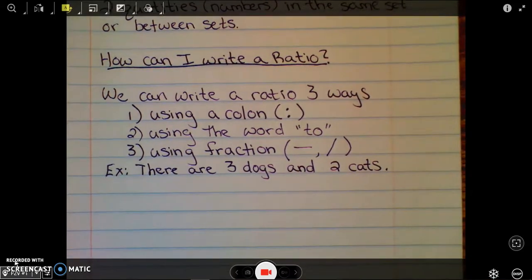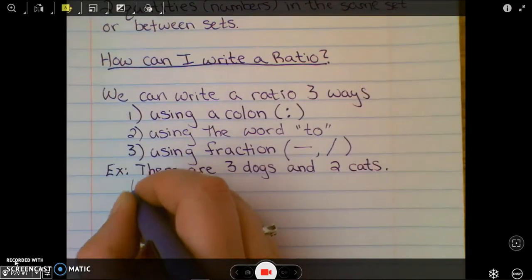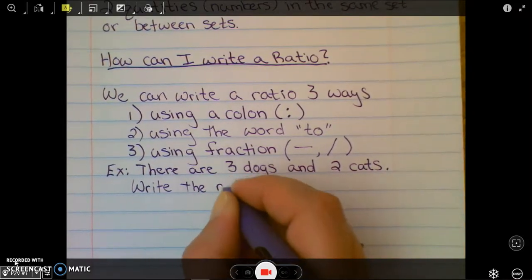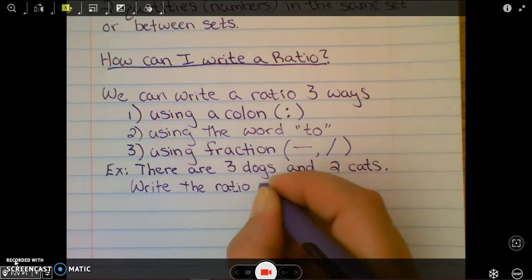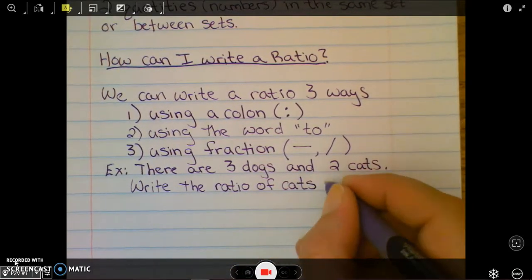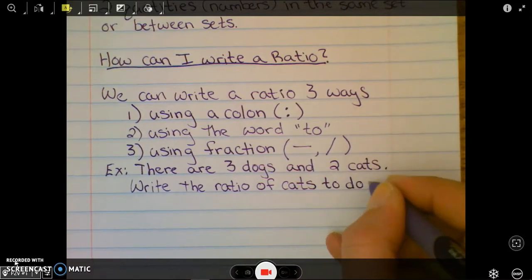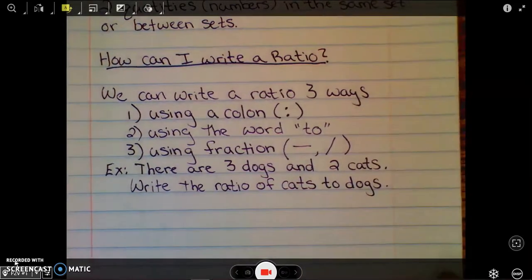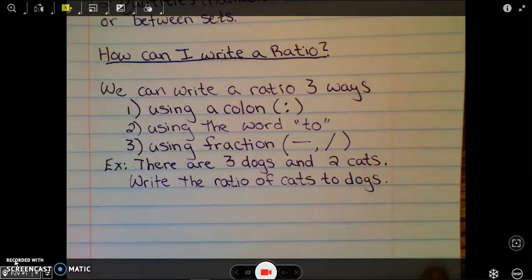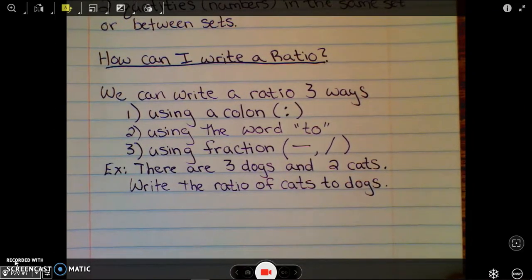The question is going to ask us to write the ratio of cats to dogs. So it's not written in a question form, it's telling us what we need to do. But what we are asked to do is find the ratio of cats to dogs.